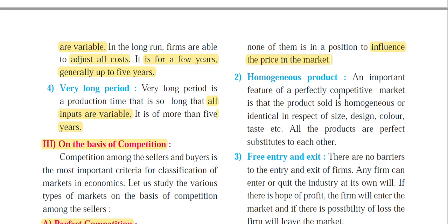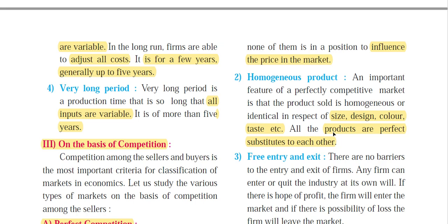Coming to homogeneous products, obviously no need to explain much, they should be the same in respect of size, design, color, taste, etc. And since it is homogeneous, each product becomes a perfect substitute for the other. For example, since there are thousands of sellers selling the same apple, if you are buying this apple, you can buy the same apple from any seller.